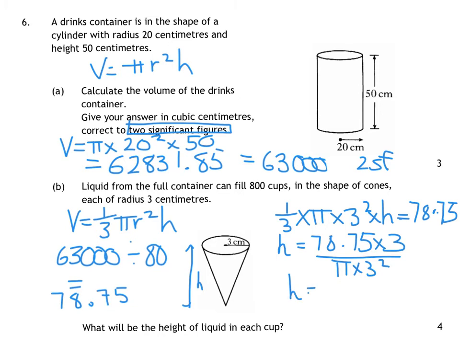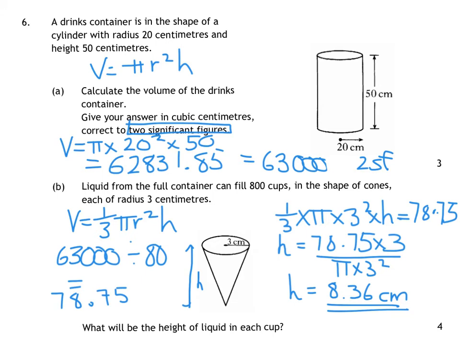And then if you use that lovely fraction button on your calculator, you can just type that in as it looks. And you should get 8.36 centimetres for the height. And it's not mentioned any rounding for the height, I don't think. So that's your answer there.